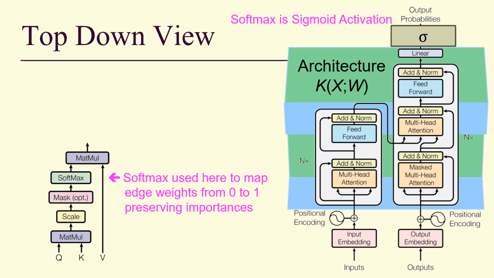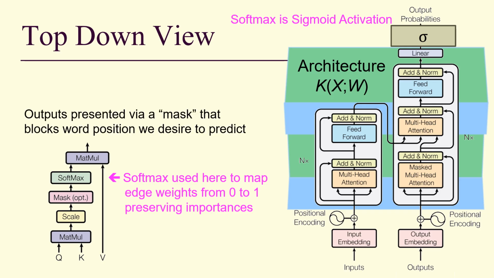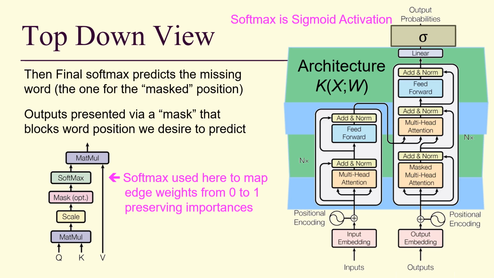It was used to map edge weights from 0 to 1. The outputs are presented to the output layer via a mask that blocks word positions we desire to predict. And then that final softmax activation predicts the missing word; the one with the highest probability is the one that should be placed in the masked position.